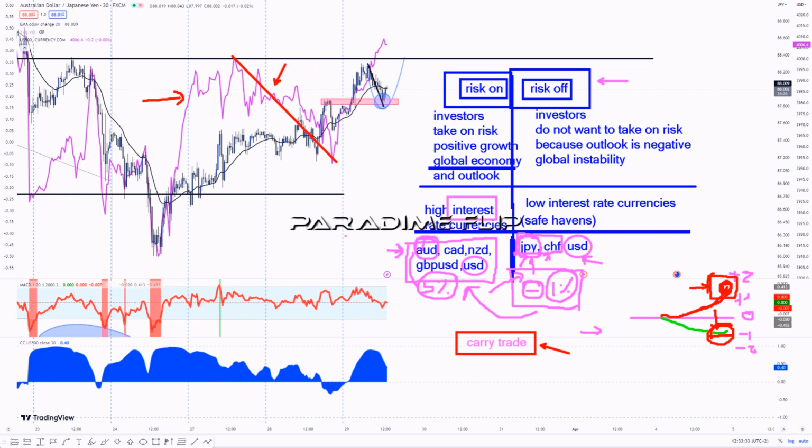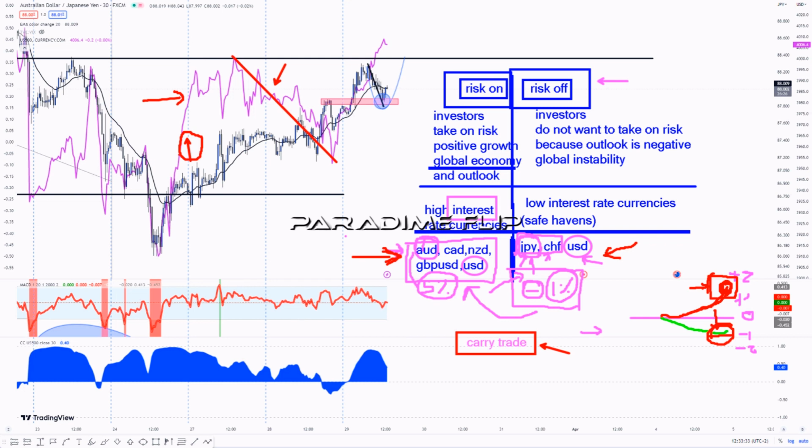So if investors are pouring money into the S&P 500, that means investors are risk on, and in such an environment, investors will also tend towards buying Australian dollar and selling the Japanese yen. So they will rotate into these assets and out of these assets, meaning they will buy these assets and sell these assets. And very often, the currency tends to lag the S&P 500 index.